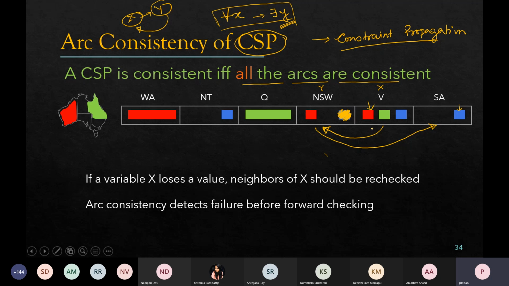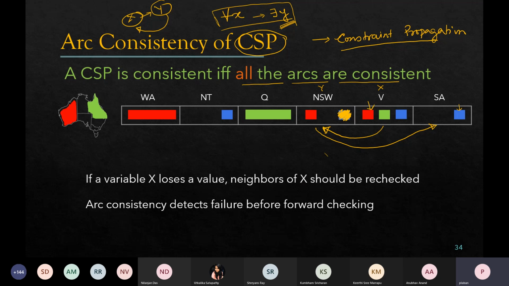So you see that in forward checking, we are just happy with checking the consistency of the neighboring node. But here, as we are making an arc consistent, that might have an effect on other arcs, and there we may lose consistency, right? And that's the idea of constraint propagation.